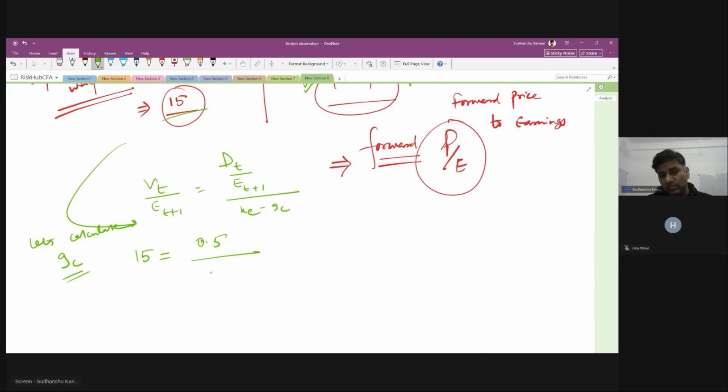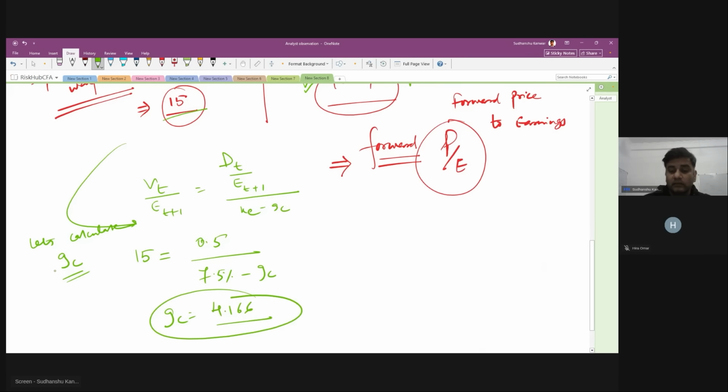KE is the same, 7.5%. GC, if I calculate from here, comes out to 4.166, something like that, if I calculate GC the analyst's way.